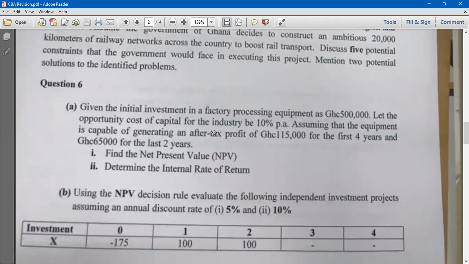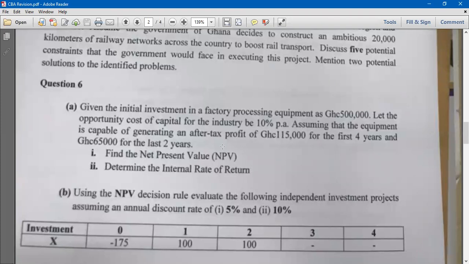Assuming that the equipment is capable of generating an after-tax profit of 115,000 Ghana cedis for the first 4 years, and then 65,000 for the last 2 years. So we are to find the net present value and then determine the internal rate of return.